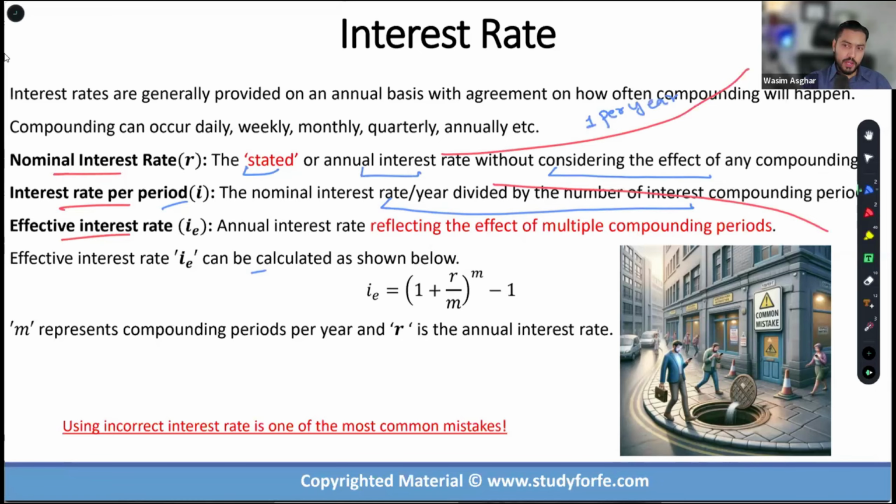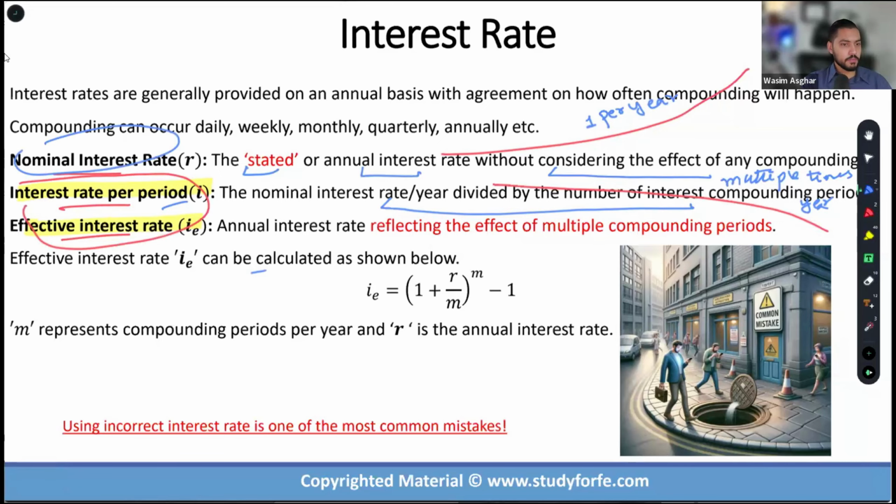I have compounding now happening multiple times per year. Okay? These two guys are connected. They're actually different sides of the same coin. Whereas this guy is completely different.